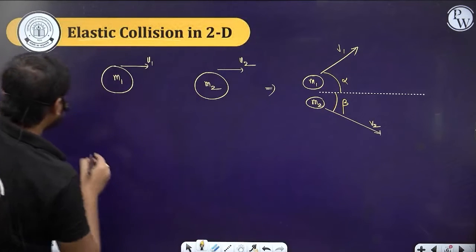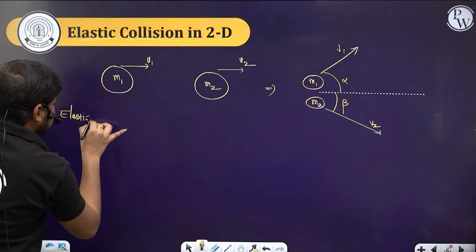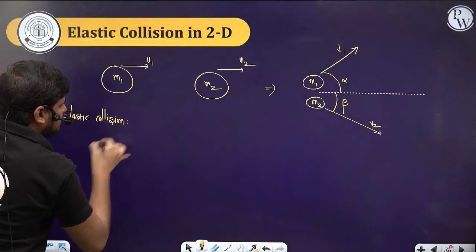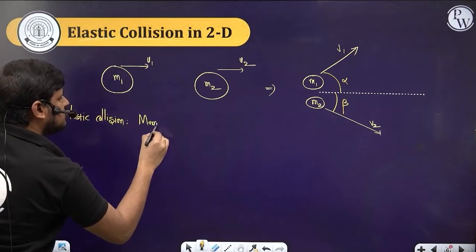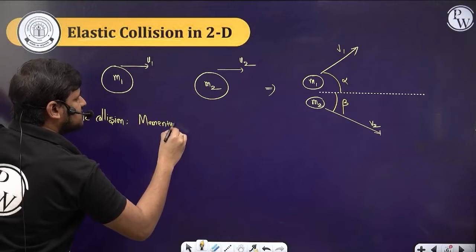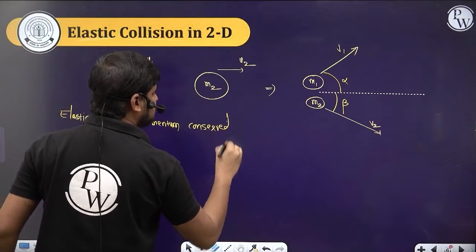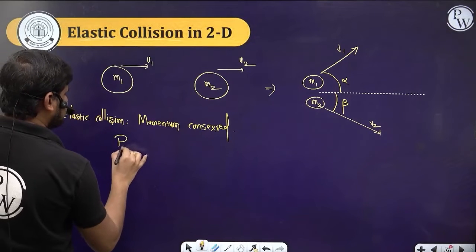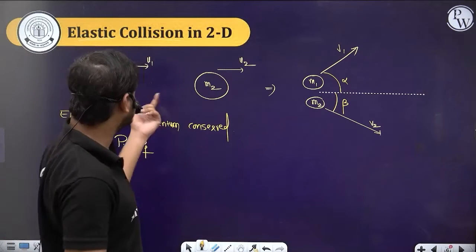As it is an elastic collision, two things we already know. The first one is that the momentum gets conserved, so the initial momentum must be equal to the final momentum.